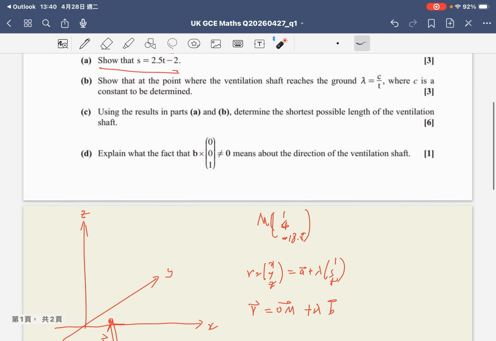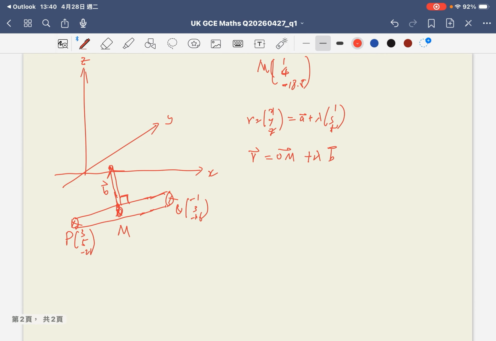Okay, then I first calculate the vector PQ. PQ is (-4, -2, 5). Then PQ dot b equals 0.